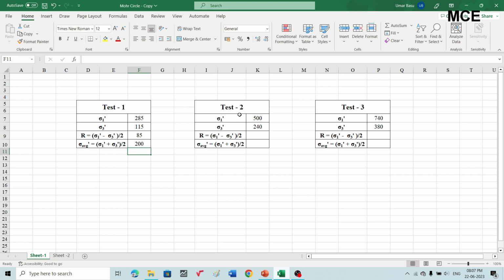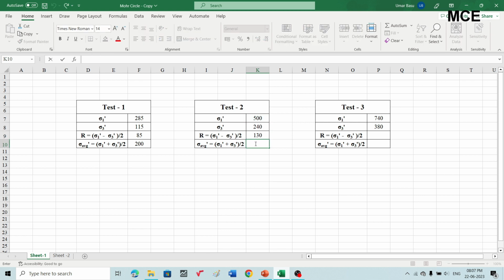Similarly for test 2, to find the radius, select the row, write down the equal sign, then the bracket, select sigma 1 prime, then the minus sign, select sigma 3 prime, close the bracket and divide it by 2 to get the radius for test 2.